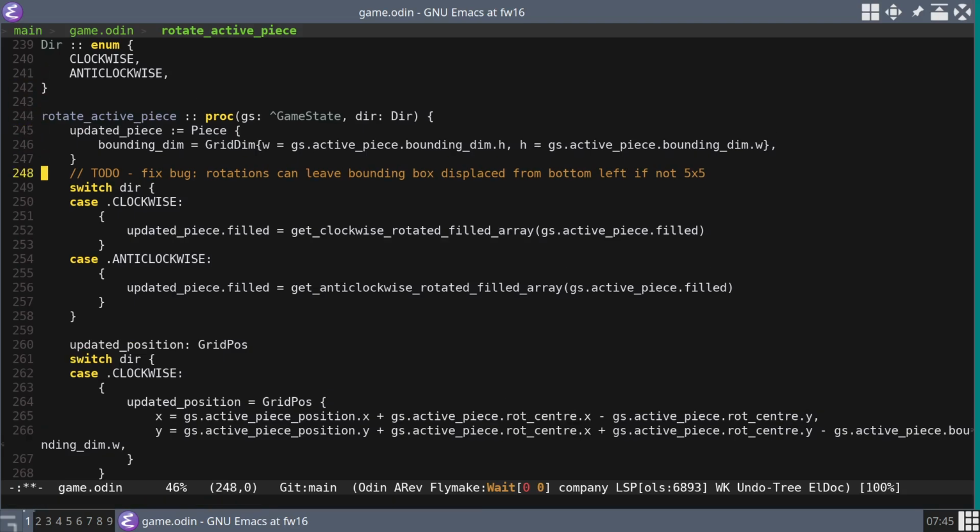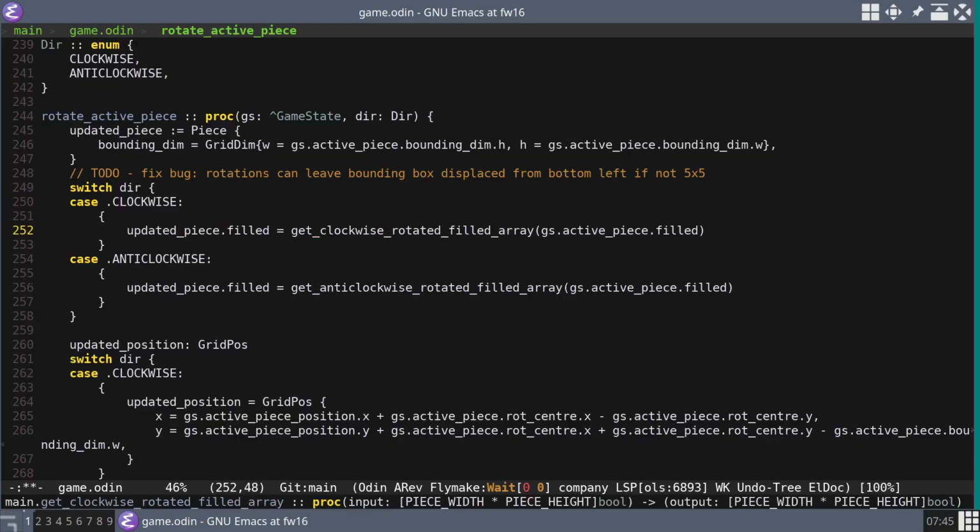Okay, how do we fix this bug? Rotations can leave the bounding box displaced from the bottom left if not 5x5. Get clockwise rotated filled and get anti-clockwise rotated filled currently just take the filled.